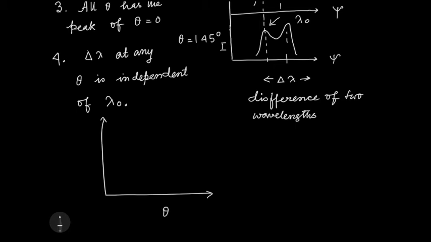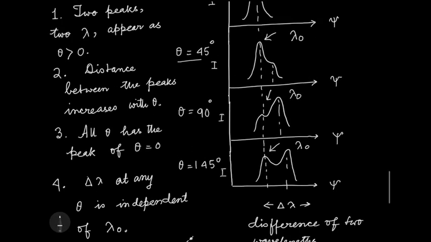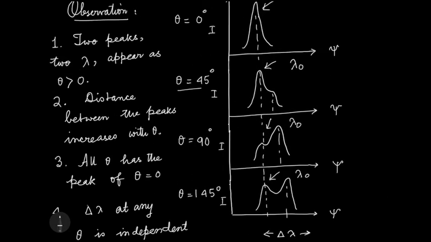What do I plot? I plot theta versus delta lambda. At theta equals 0, it is 0, and it increases up to 145 degrees. So it increases like this. And this curve is independent of what lambda 0 is. The difference between the two peaks at any theta is always the same, whatever be the wavelength of the incident X-ray.